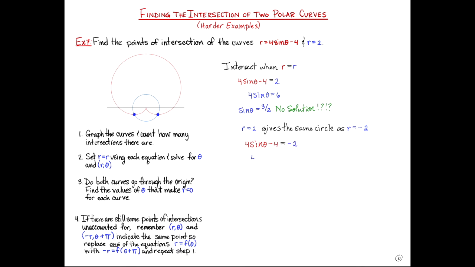Solving for theta, let's add 4 to both sides, giving us 4 sine theta is equal to 2. Sine theta is equal to 1/2. Solving for theta, we have that theta is equal to pi over 6 and 5 pi over 6.